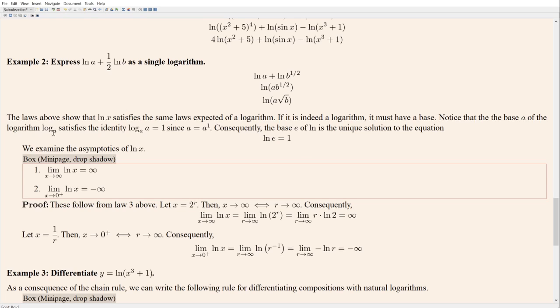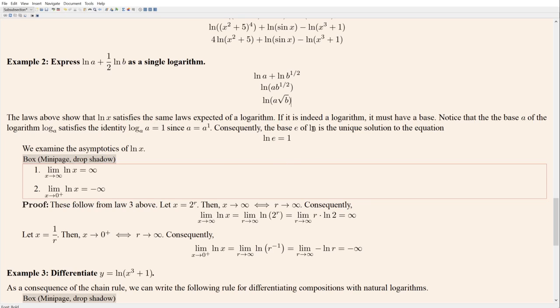Now notice that if we were taking an ordinary logarithm, like log base a, that would satisfy the identity log base a of a equals 1. And that's because a to the power 1 equals a. So whatever the base is, it would be that number which, when you plug it into the logarithm, you get 1 out of it.